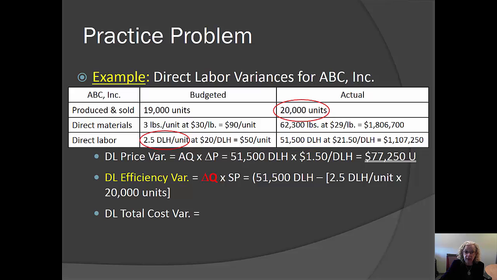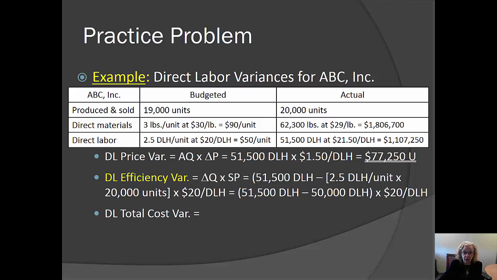If it takes 2.5 labor hours per unit, we would multiply that by the actual number of units that we made to get the standard quantity. Then we can multiply that difference by our standard price, $20 per labor hour.